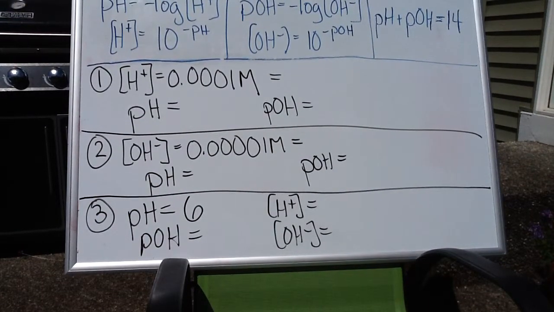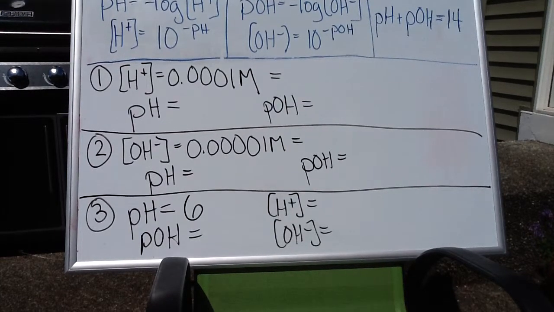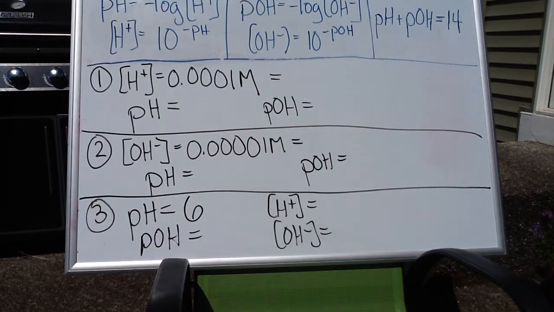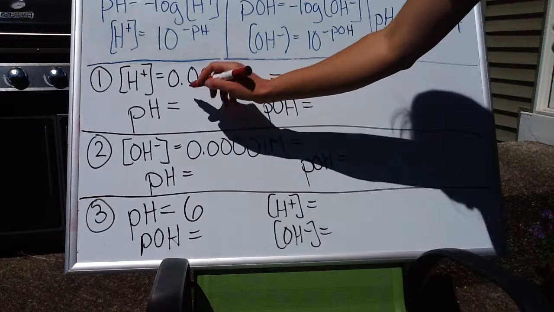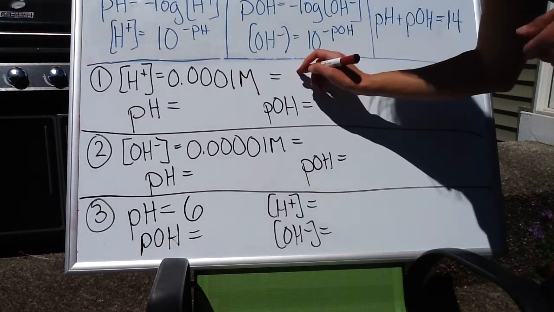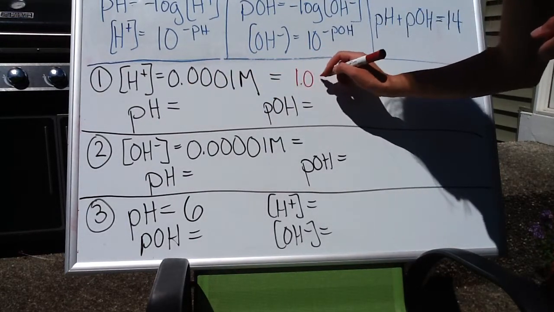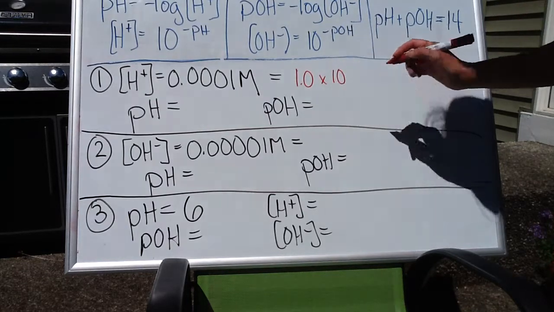So we're going to look at some scenarios, some applications of these equations. Here's one example in which you are given the hydrogen ion concentration and you're asked to find the pH and the pOH. So the first step you would want to do is to take that hydrogen ion concentration that's written in what we call standard notation and convert it into scientific notation. So scientific notation is going to be 1 times 10 to the some power.